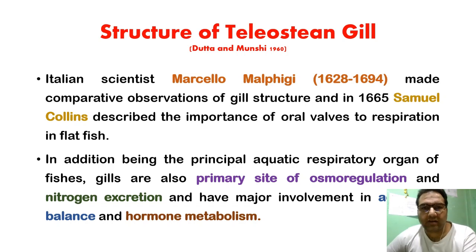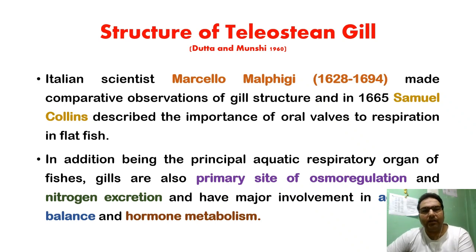We shall be particularly talking about the structure of the Teleostean gill. The Italian scientist Marcello Malpighi, 1628 to 1694, made comparative observations of the gill structure, and in 1665 Samuel Collins described the importance of the oral valves to respiration in the case of flatfish.